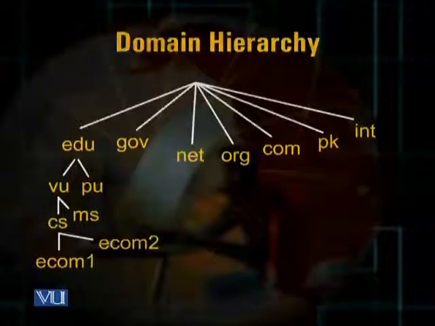Currently there are 7 popular top level domains which have been introduced. A very common TLD is .com, which relates to commercial organizations. So whenever you are a commercial enterprise and you want your website to be registered, you are likely to be registered under the .com top level domain.